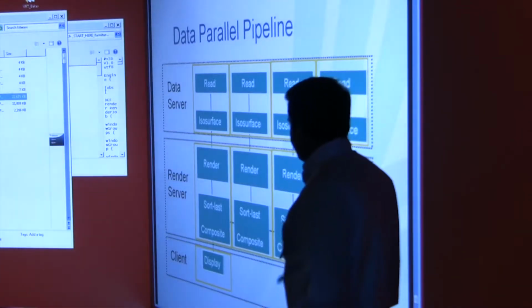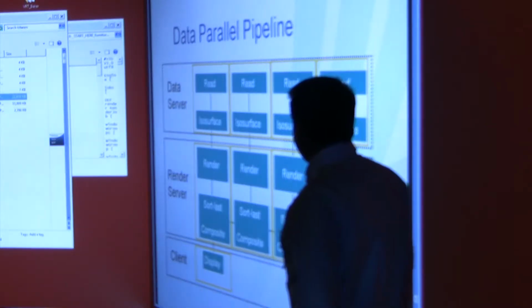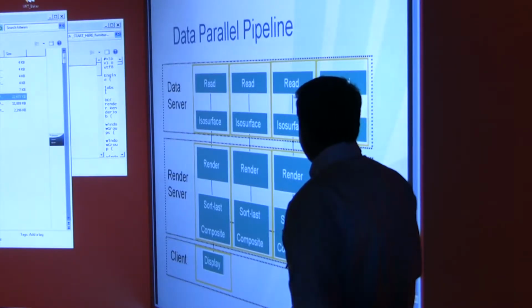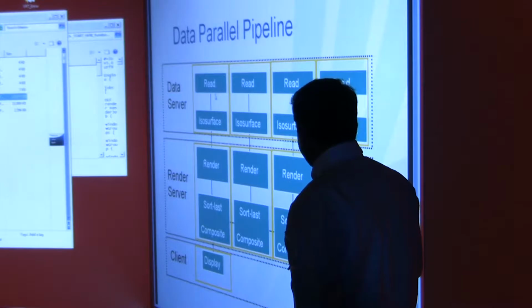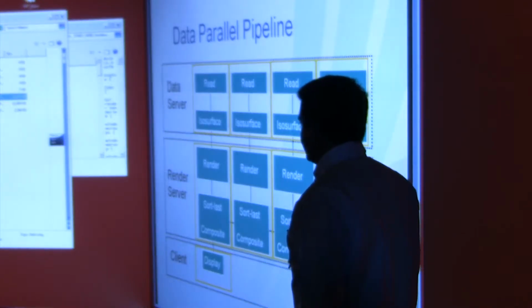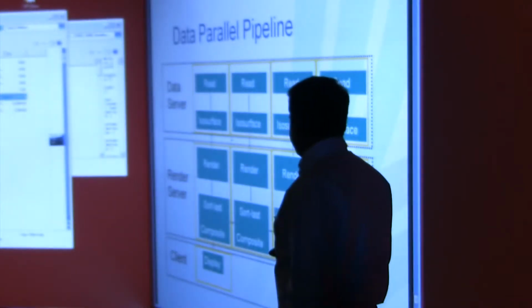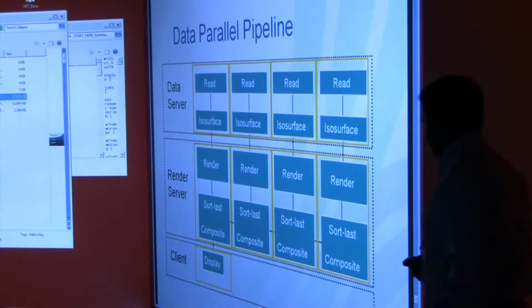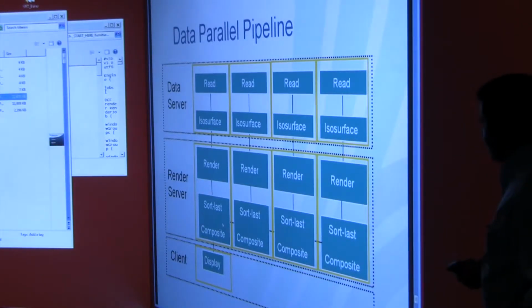So again, this is the data parallel pipeline. I'm not going into the details of the data parallel pipeline, but basically, like I was saying earlier, you read the data on the data server. So this is mostly HPC. You perform an isosurface, and then you send the data back to the render servers. And there you can render the data set, sort, class, and composite for the tile displays.